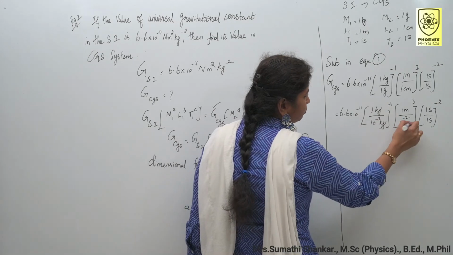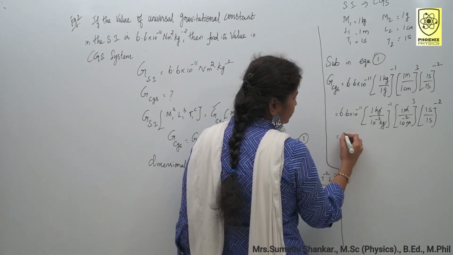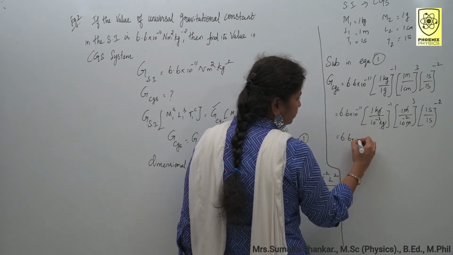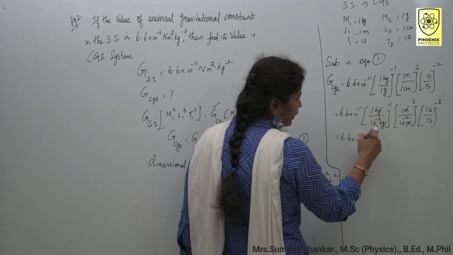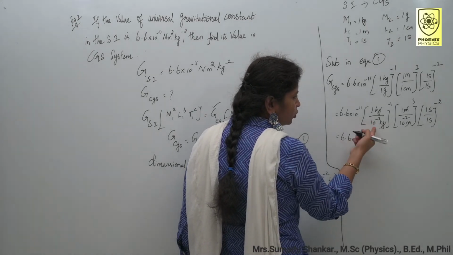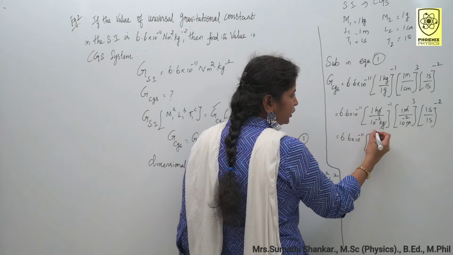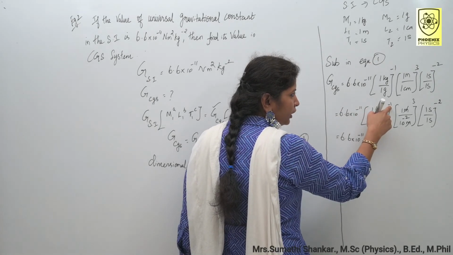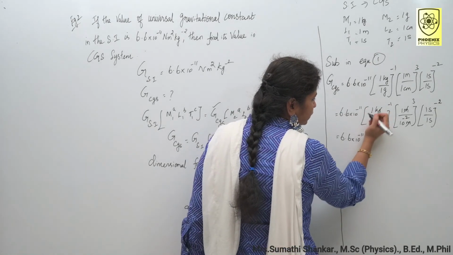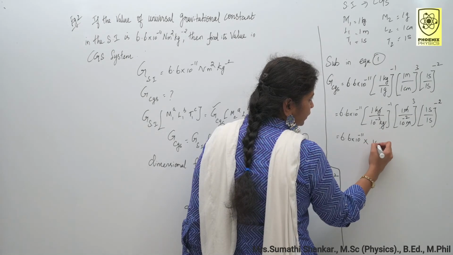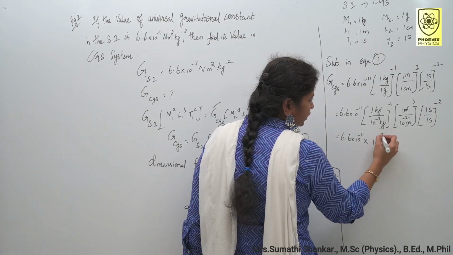Cancel this kilogram meter. So your answer is 6.6 into 10 to the power of minus 11. Here bring this 10 to the power of minus 3 to numerator, plus 3. And here I have minus 1. Then you can write it as minus 3.